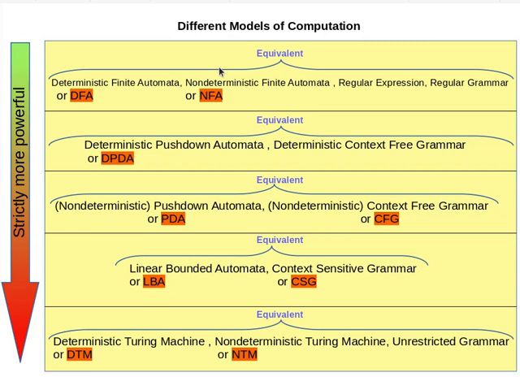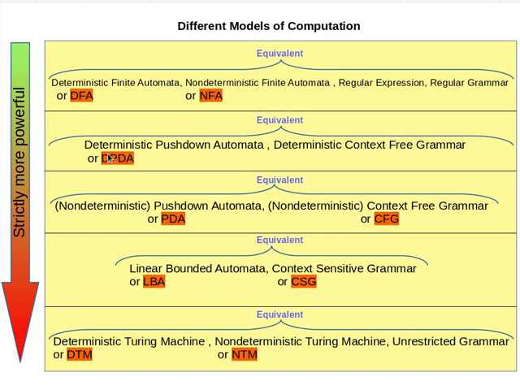Now in our entire course we will see that some of these models are equivalent to each other, and in a couple of slides we will explain what we mean by equivalent. So deterministic finite automata is equivalent to non-deterministic finite automata, equivalent to regular expression, equivalent to regular grammar. So all these models are equivalent.